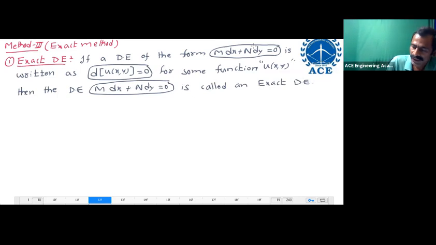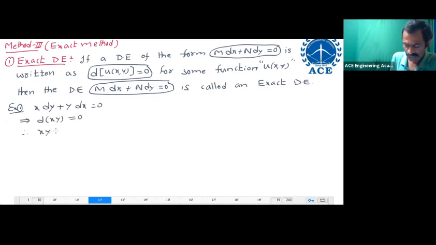If we can write the left part as d of some function, then that is exact differential, and equal to 0 means exact equation. Example, x dy plus y dx equal to 0, which implies d of xy equal to 0.